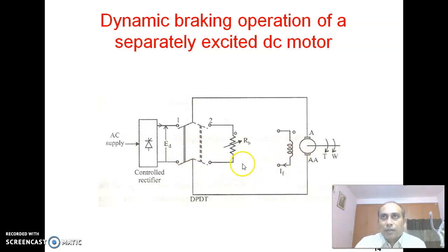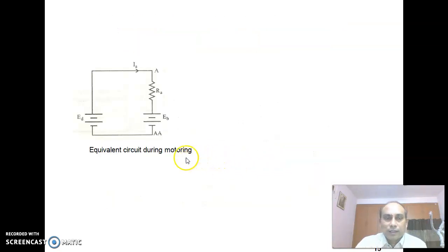Actually, you can draw the equivalent circuit of this in the next slide. So IA is the current flowing through the armature circuit, IA equal to ED minus EB divided by RA. Here ED is the supply voltage and EB is the generated voltage or the back EMF.